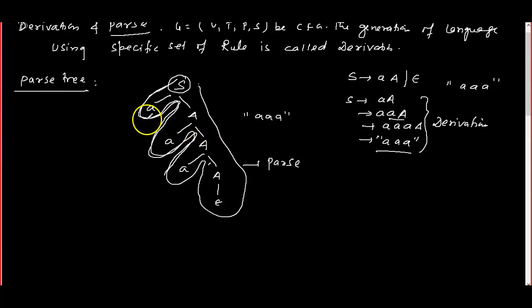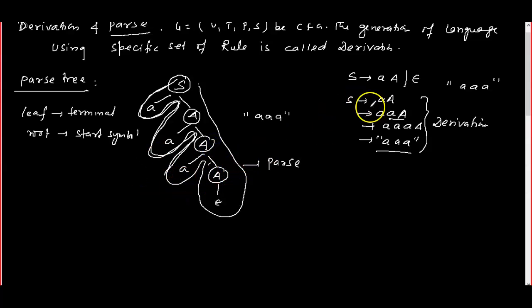This is a leaf, a pendant vertex. This is A and A, and this epsilon also. So leaves will always be terminals, and the root will be your start symbol. And the interior nodes are all non-terminals. Here, S is in the root and A is the internal node.